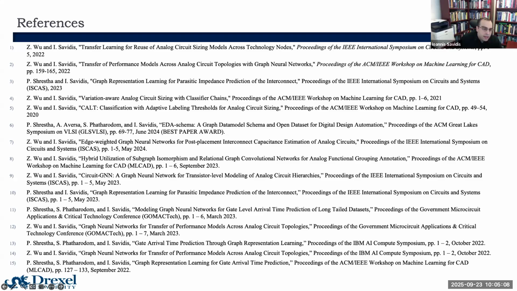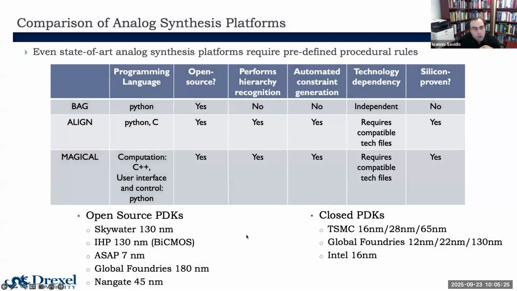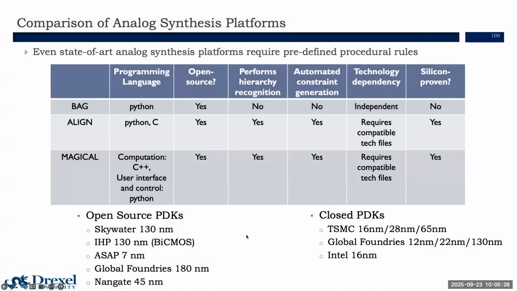We have the ASAP 7 one that we use. We use the advanced ones, but there are definitely different PDKs that are available and open. I think it just depends on the data set.